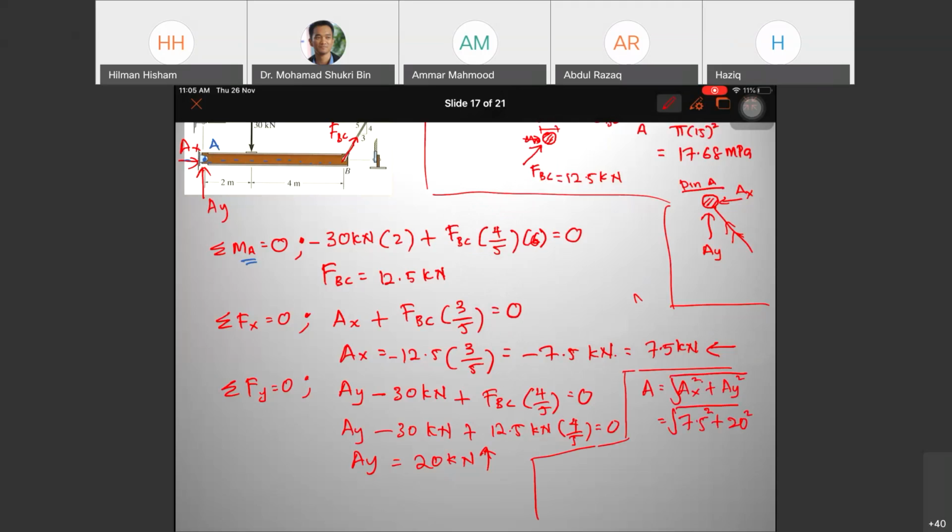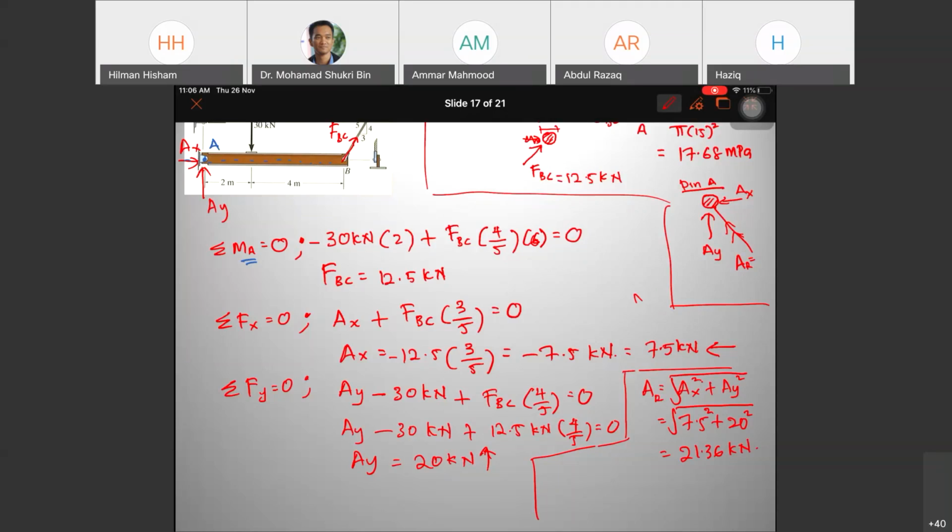So A resultant is 21.36 kilonewton. This is your A resultant for the point A.